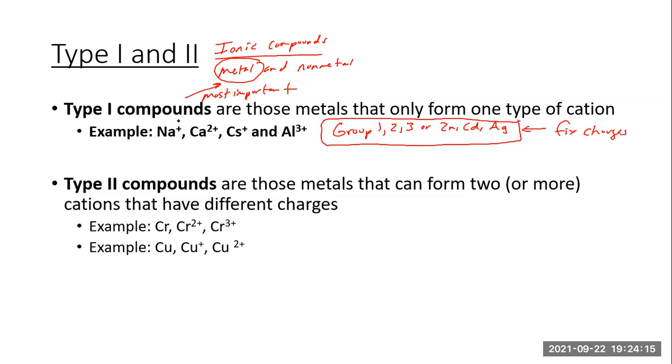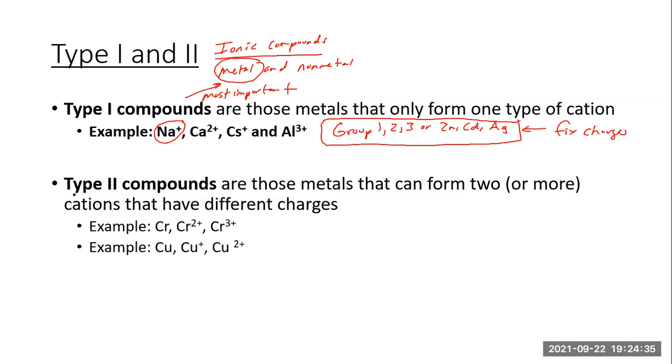As we talked about, sodium is group 1. So no matter what the situation, sodium will always be group 1. And that's how you can recognize it as a type 1 compound, because it contains a metal that comes from group 1 on the periodic table, group 2, group 3 are zinc, cadmium, silver.